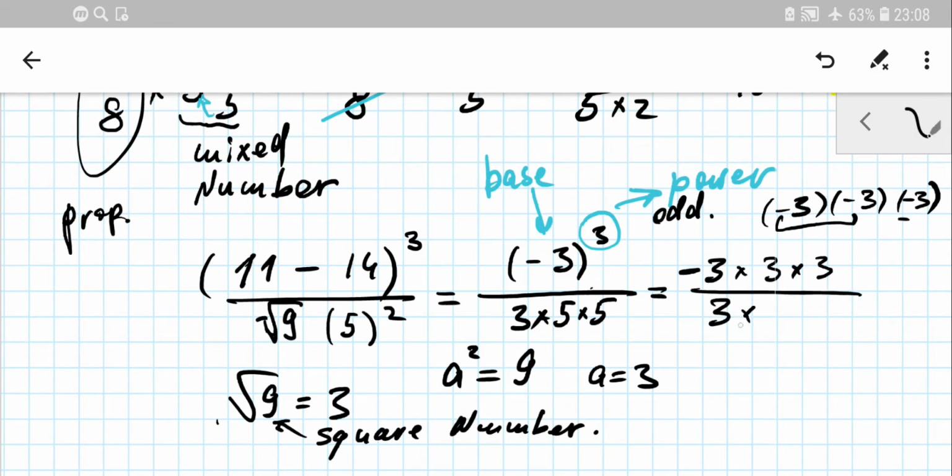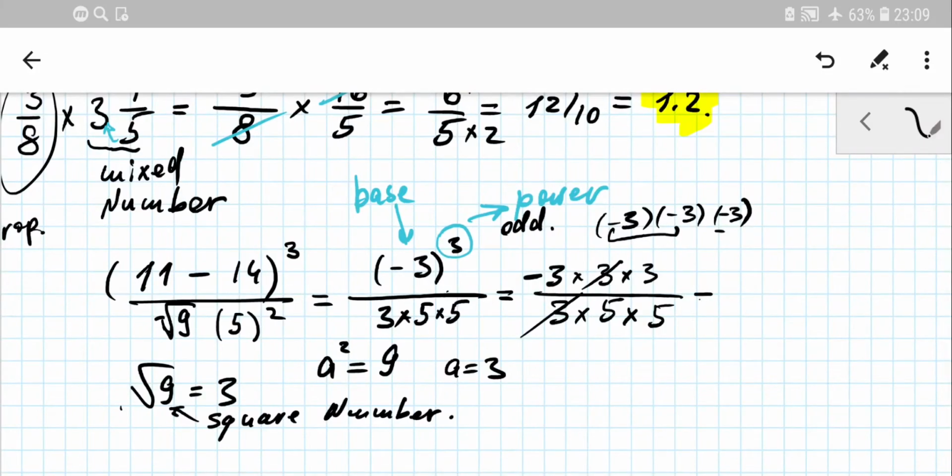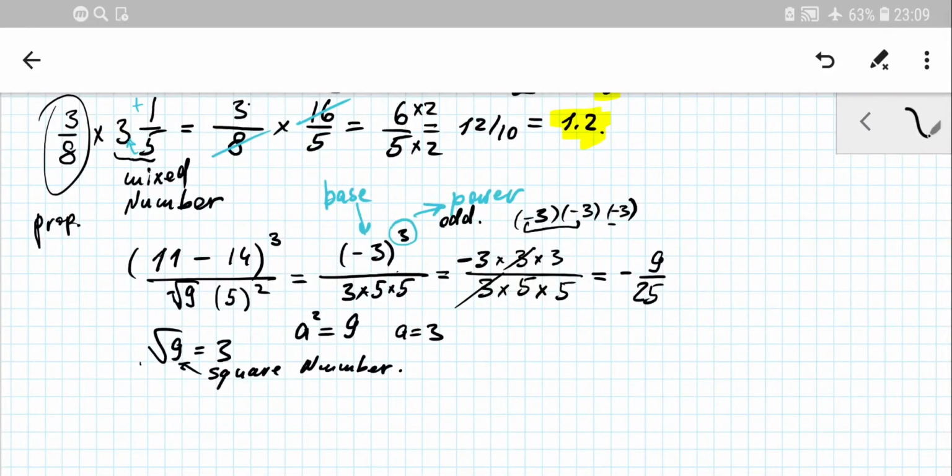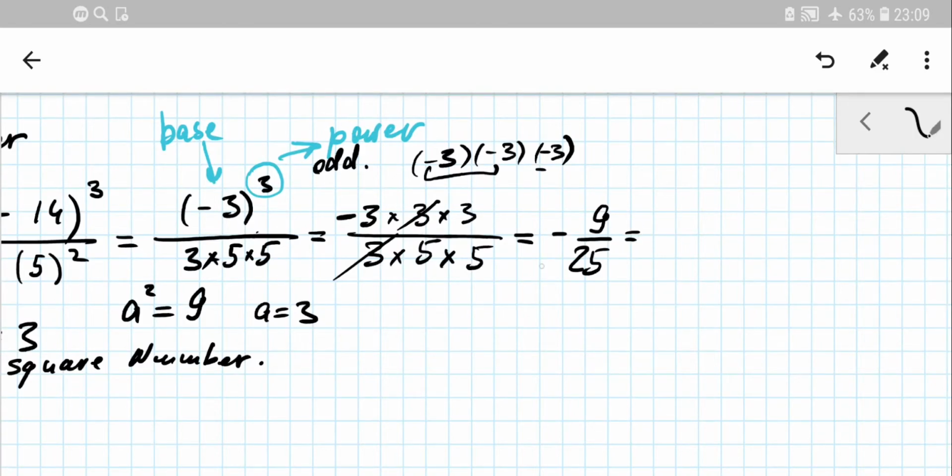Okay, so here 3, 5, and 5, and here you can easily cancel. So what do you have here? You've got, finally, negative 9 over 25. But if you need to evaluate it as a decimal, what do you need to do? You just need to come back to your decimal.